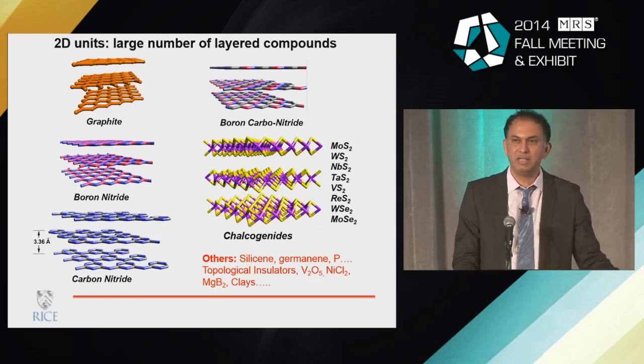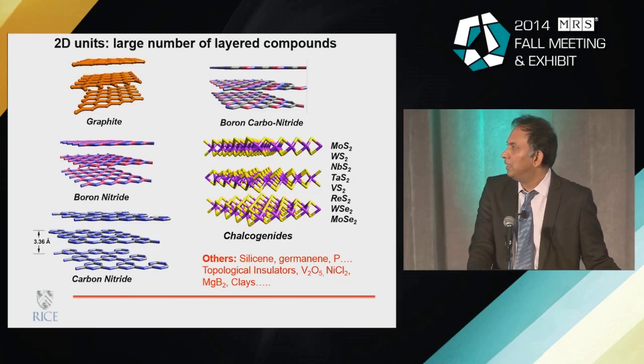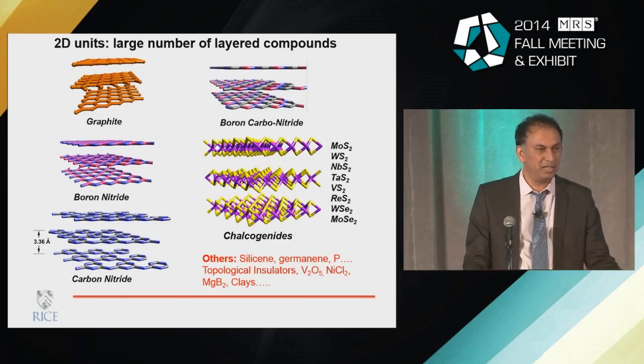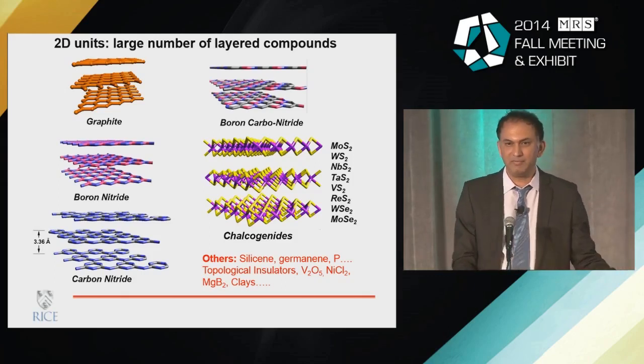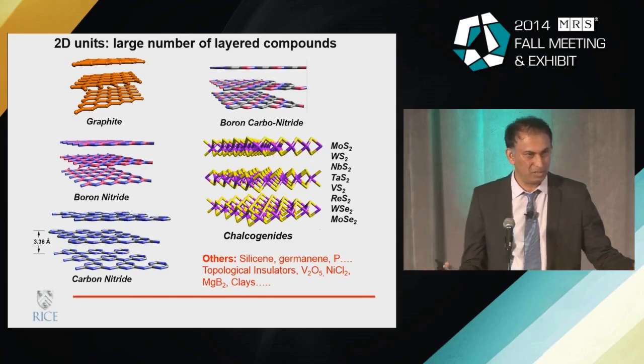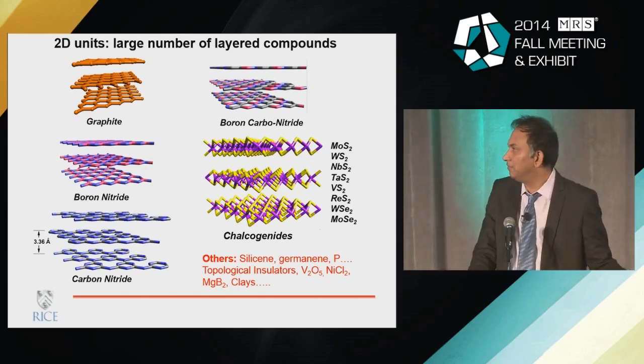If you think about how this material was invented, they were essentially trying to peel off a layer of graphene, and it was pretty easy because it's known that graphene could be easily cleaved from a graphite structure.